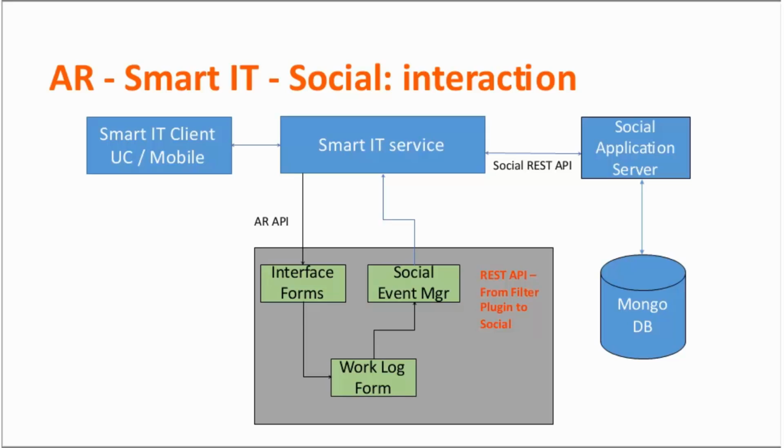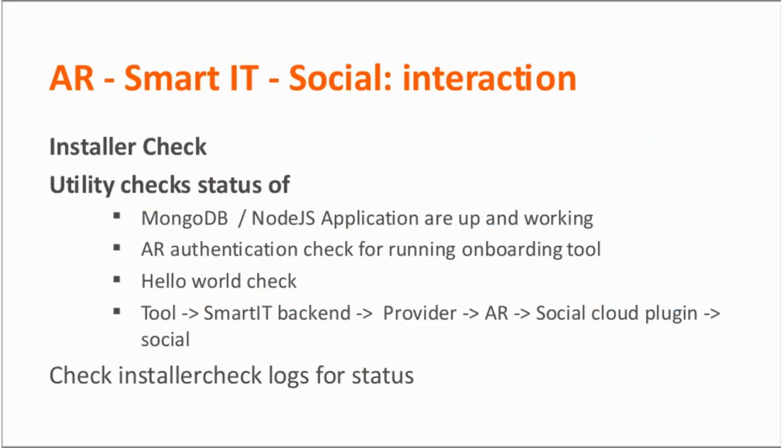For data coming from the classic ITSM, the data goes through interface forms, from interface forms through workload forms, and from workload forms to the social cloud plugin or social event manager. The social event manager pushes the data from the plugin to the SmartIT service and to MongoDB.